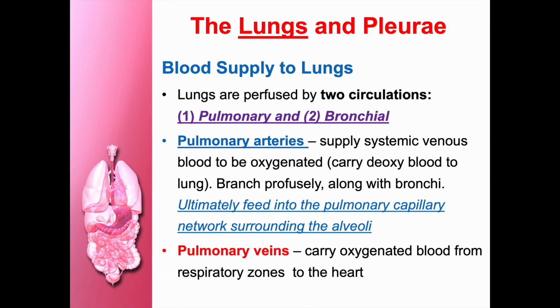So coming to the blood supply of the lung and pleura, the lungs are perfused by 2 circulations, pulmonary and bronchial circulation. Pulmonary arteries bring the deoxygenated blood from the right ventricle to the lung, whereas the pulmonary veins carry the oxygenated blood from the lungs towards the left side of the heart.